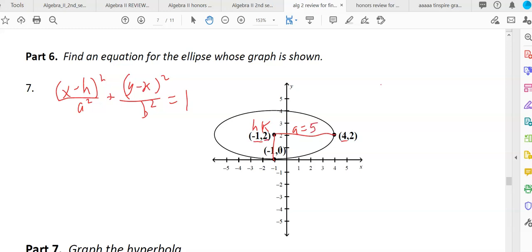The b value goes from 2 to 0, so that's 2, so that's b. So now I can plug in everything. So (x + 1)² over a², which is 25, plus (y − 2)² over 2², which is 4, equals 1.